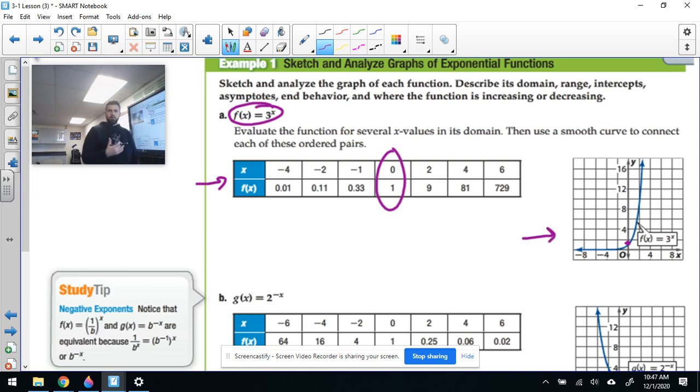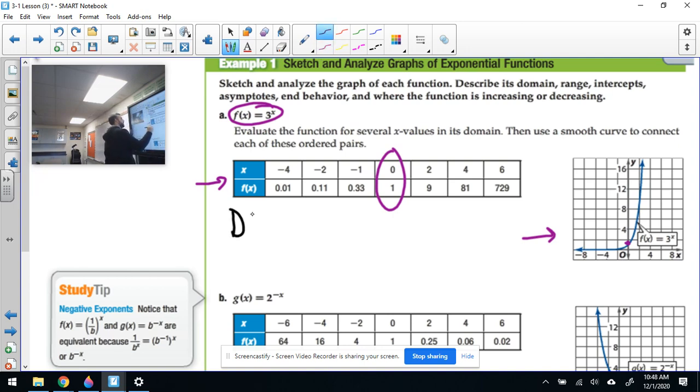It starts real low and stays really close to the x-axis, and then jumps up real fast, right? And that's because exponential functions increase super fast, right? It's actually exponential function that gives us the term something growing exponentially, right? Going up really quick. So anyway, if I look at this one, I can answer a couple different questions.